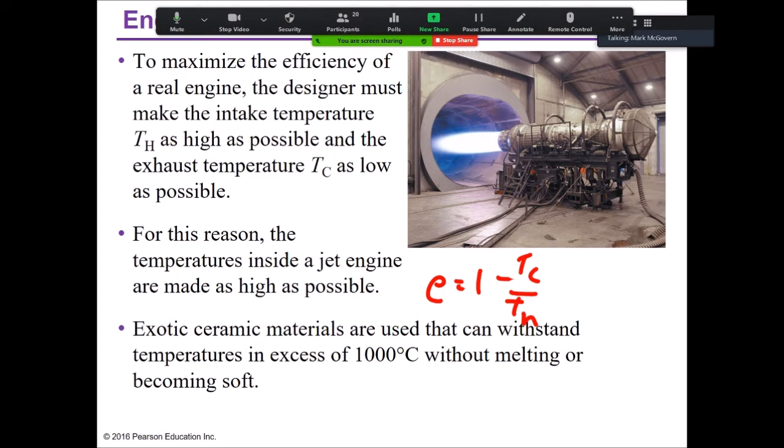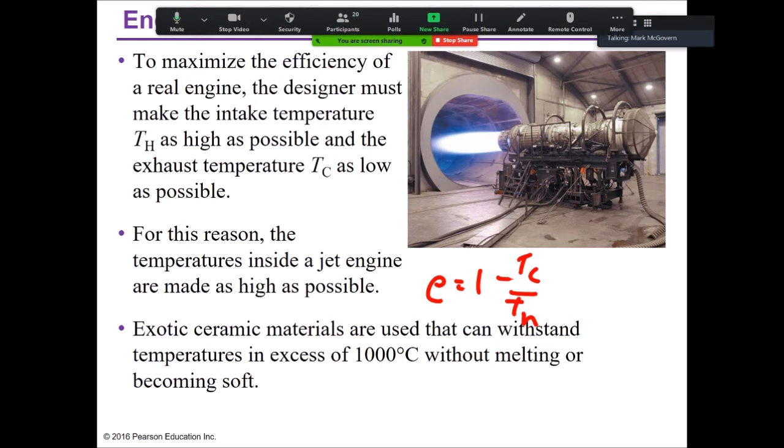If that's the propulsion being done here, a lot of jets work that way. And then what's your Tc? Your Tc is whatever the exhaust temperature is, which is going to be a lot lower. And so jet engines are very efficient because they have such a dramatic difference in their reservoir temperatures. And the more you can do that, the greater efficiency you can have in your engine here.